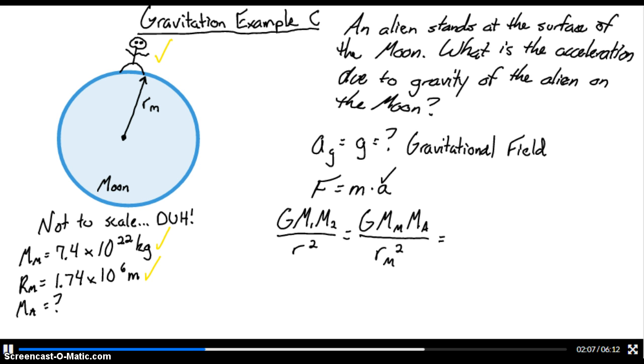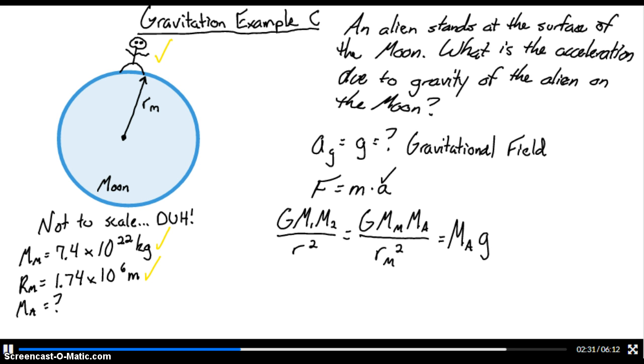Now, what object would be the mass we're talking about as we look at what's being acted upon? That would be the mass of the alien. So we'll put the mass of the alien, and then instead of acceleration, let's call it g, because that's what we're trying to find: the gravitational acceleration on the moon.